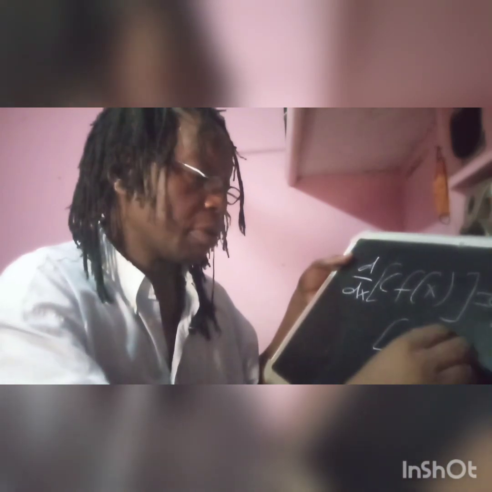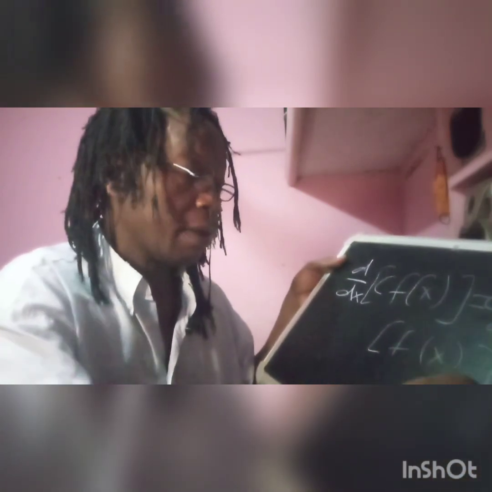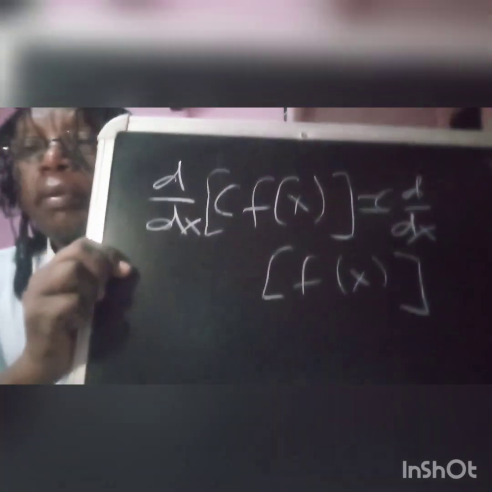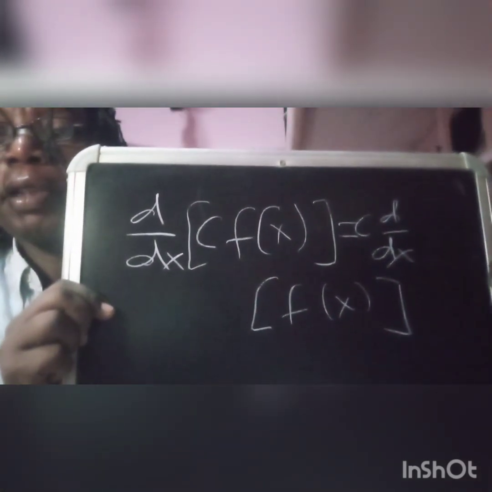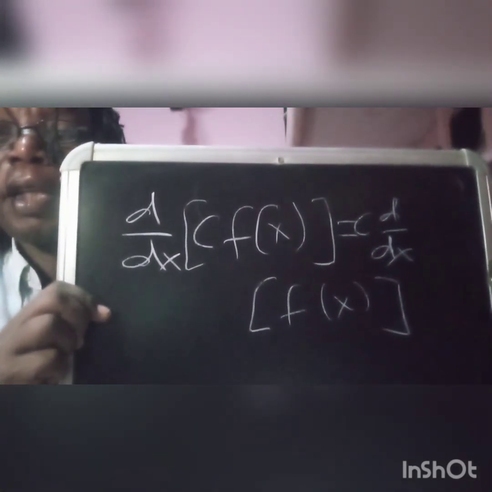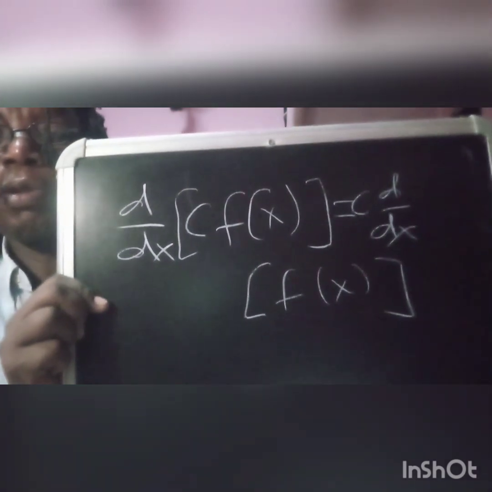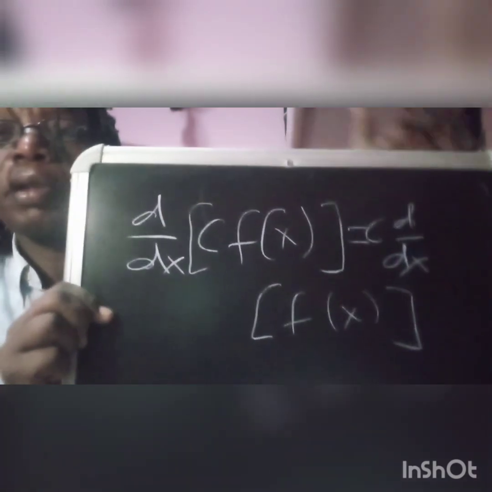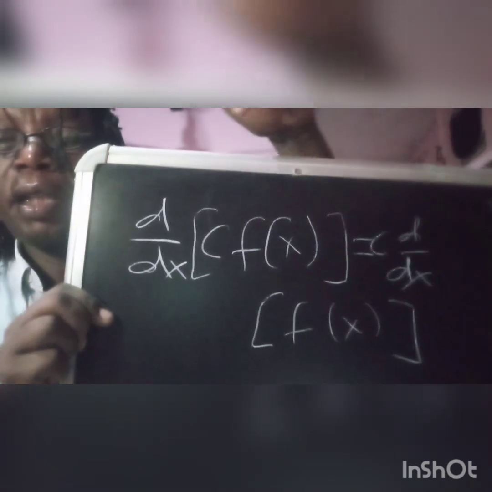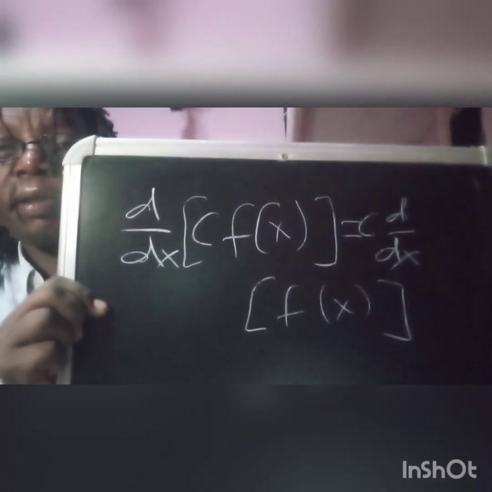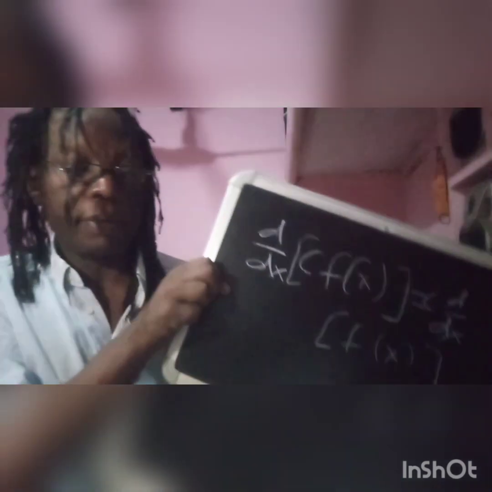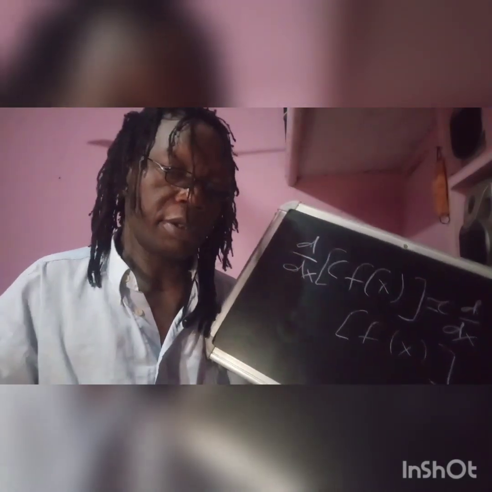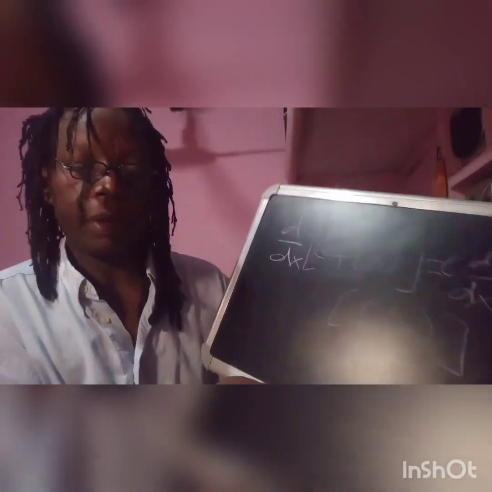This is what we are differentiating. So d over dx, we are going to differentiate the constant times the function of x. This is equal to the constant times what you have differentiated. Now you are differentiating f of x. It's called the constant multiple rule.